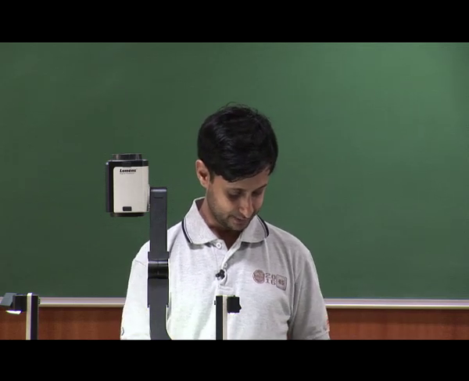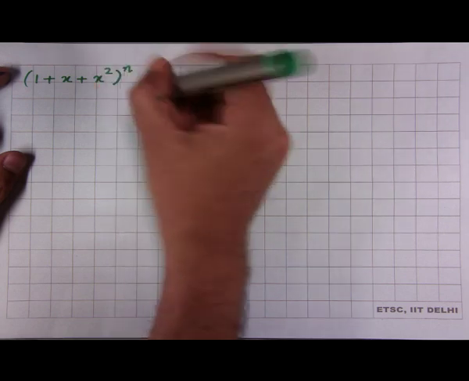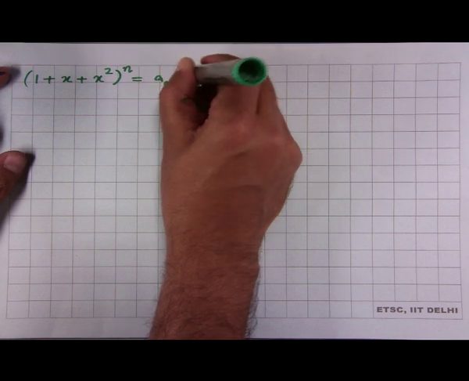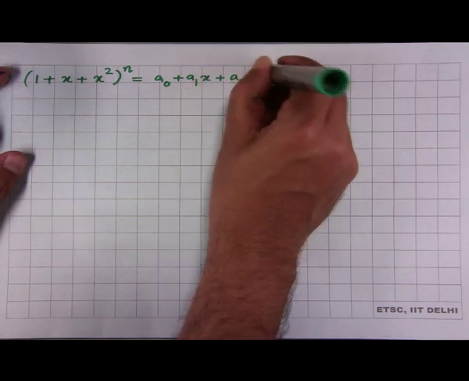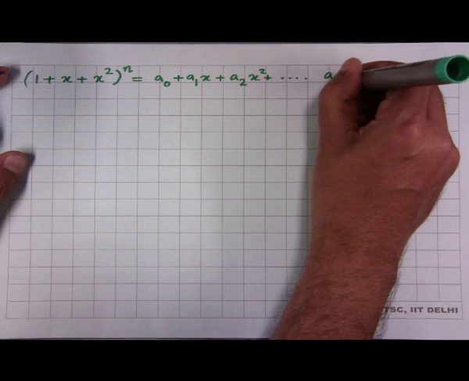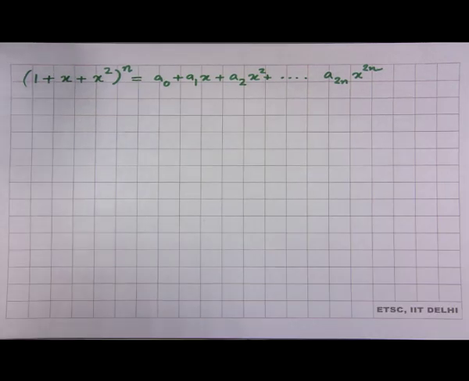All right, let us do another one. So, this is the problem statement, that 1 plus x plus x squared whole to the power n is equal to a 0 plus a 1 x plus a 2 x squared.